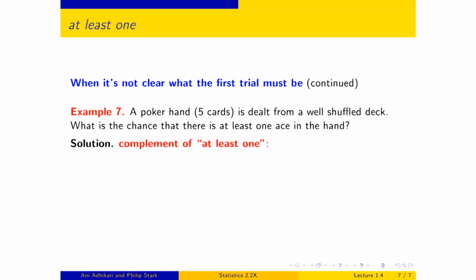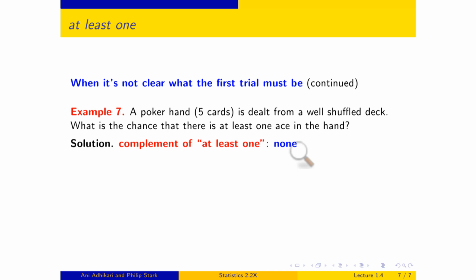You've got a long list. Maybe what's left over is shorter. So what's the complement of at least one? If you didn't get at least one ace, how many aces did you get? You didn't get any. The complement of at least one is none. None, 0. Now that's a chance we ought to be able to find.